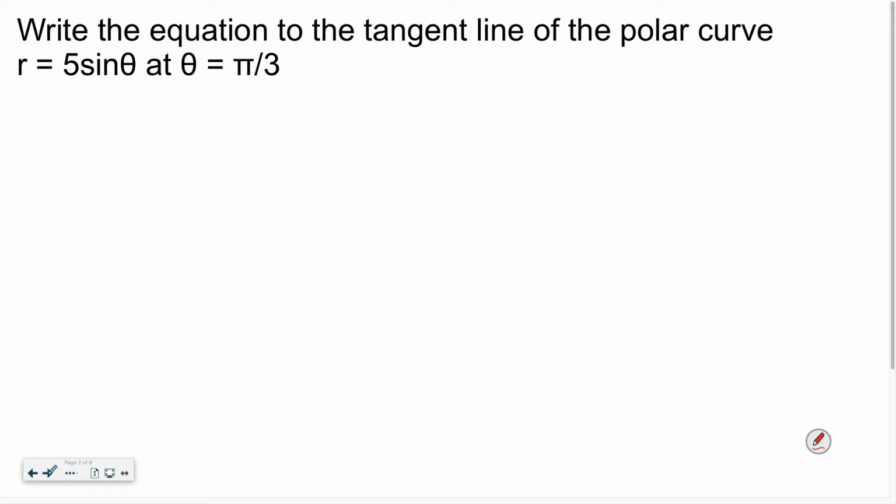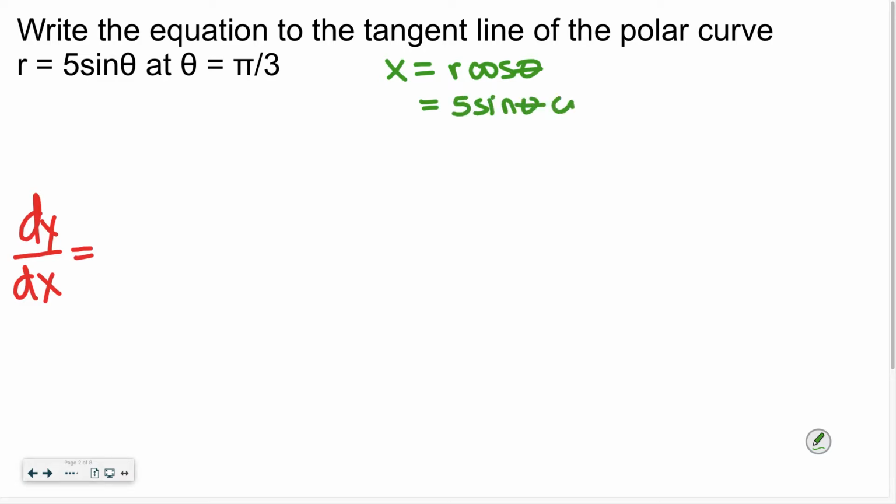However, before we talk about our derivative, dy dx, we need to think about what x and y are because we are in polar. Okay? So our x coordinates are all our cosine theta. Do you agree? Sure. So x is the same thing as 5 sine theta cosine theta, because that's what r is.